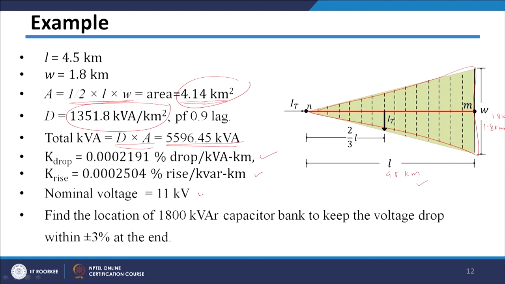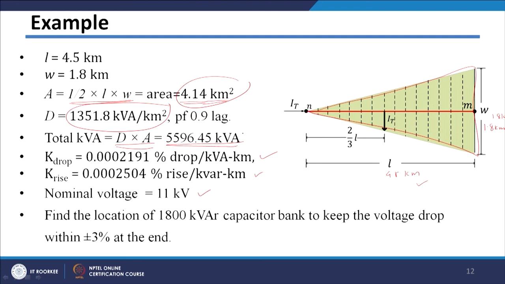Let us say the nominal voltage of this feeder is 11 kV, and in this particular example we are interested in finding the location of the capacitor bank. Suppose I have a capacitor bank of 1800 kVAR and I want to put it somewhere in this feeder such that the voltage at this end will be within the limit for the given kVA.